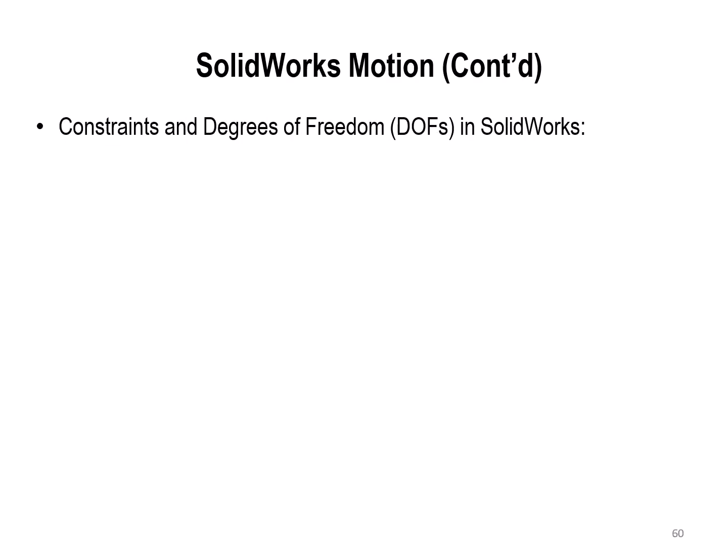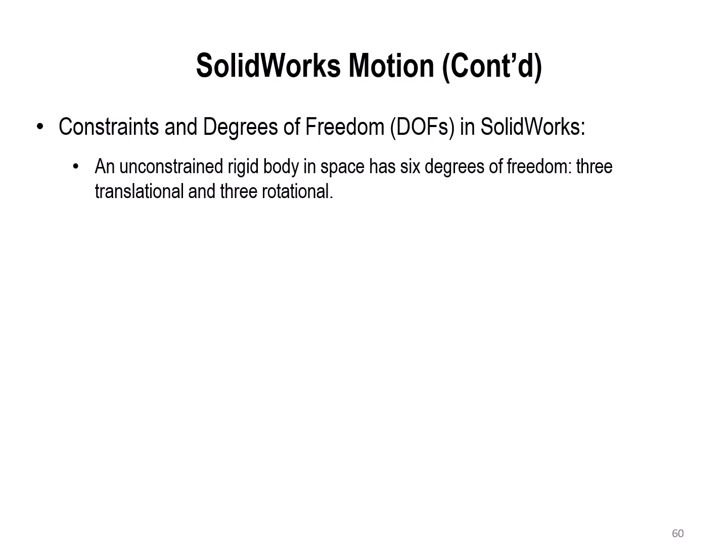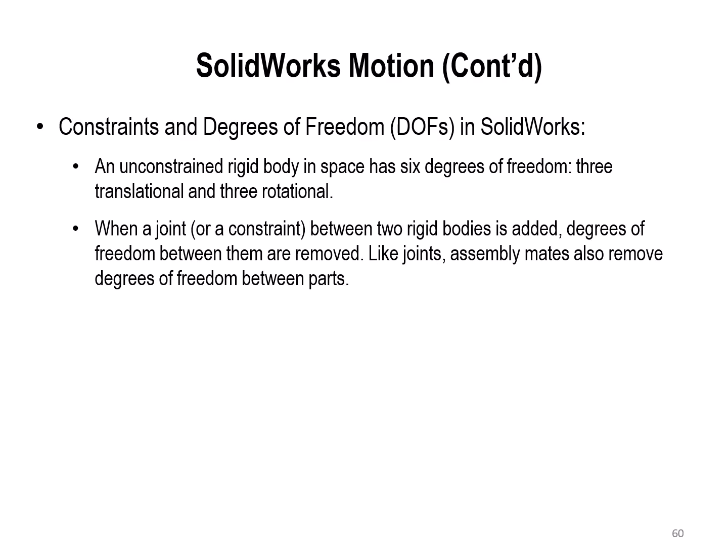So the constraints and the degrees of freedom in SolidWorks are: first, the unconstrained rigid body in space has 6 degrees of freedom, 3 translational and 3 rotational. When a joint or a constraint between two rigid bodies is added, degrees of freedom between them are removed.